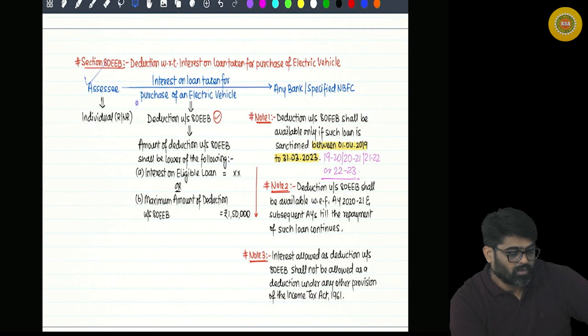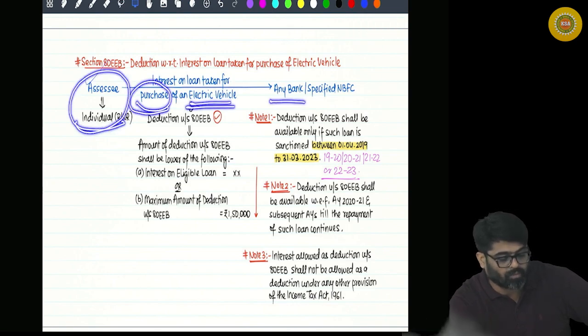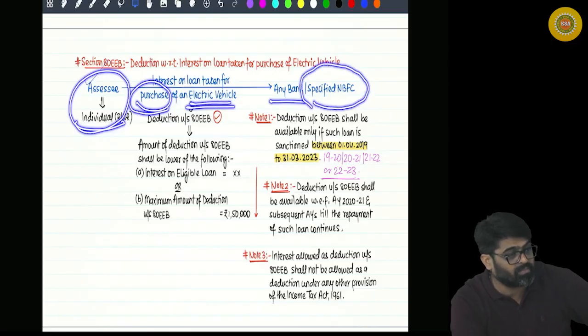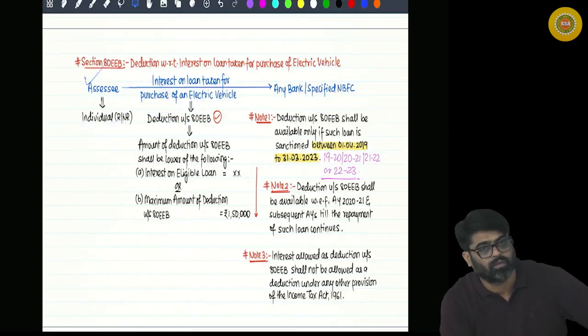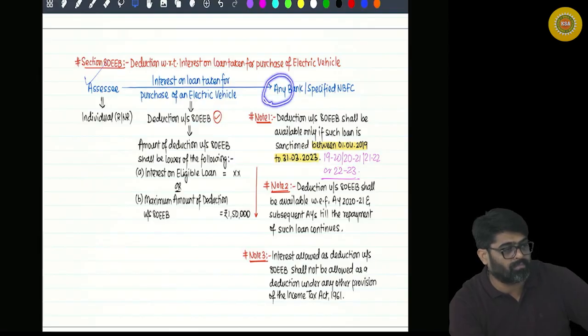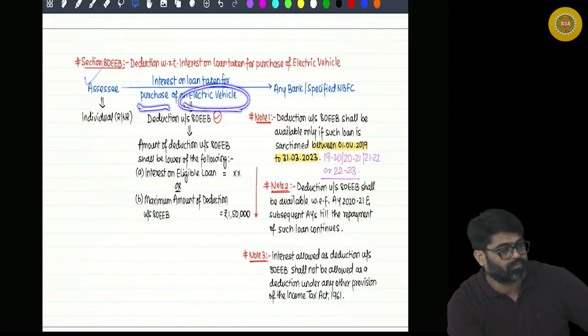Now, to purchase an electric vehicle, the assessee is taking a loan from any specified NBFC. So you have to take the loan from any bank or any specified NBFC. And that loan is taken for purchase of?